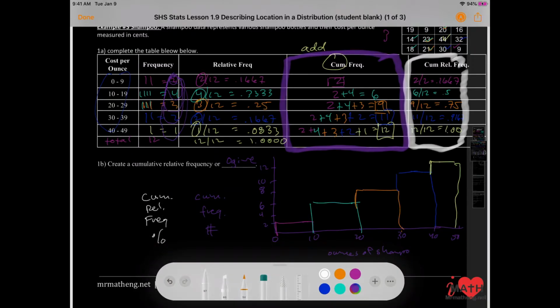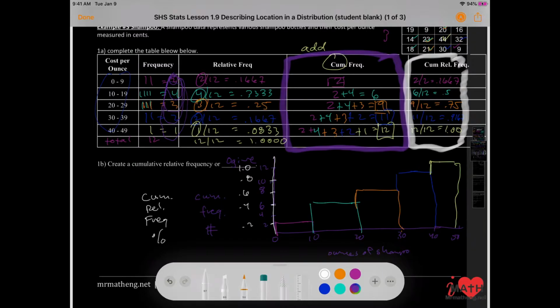All right. Now I need to change my scales. So let's call that 100%. And let's do something like 0.2, 0.4, 0.6, 0.8, okay? What's the difference here?